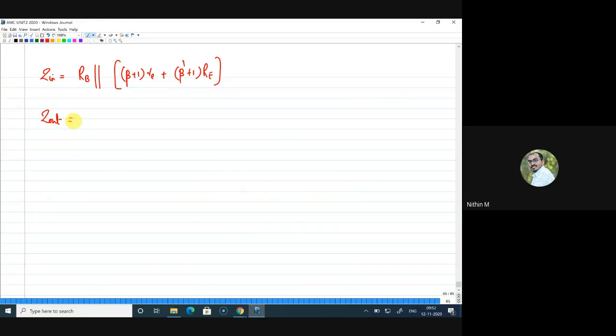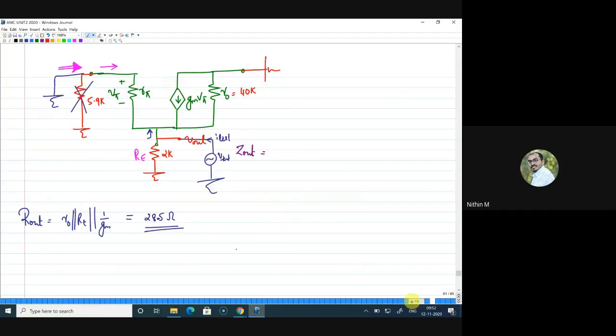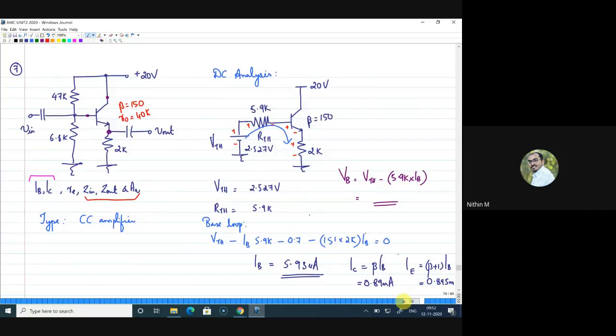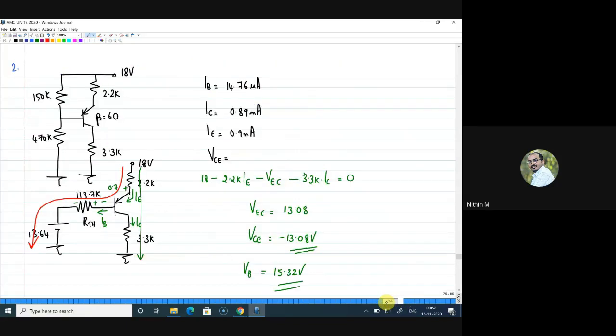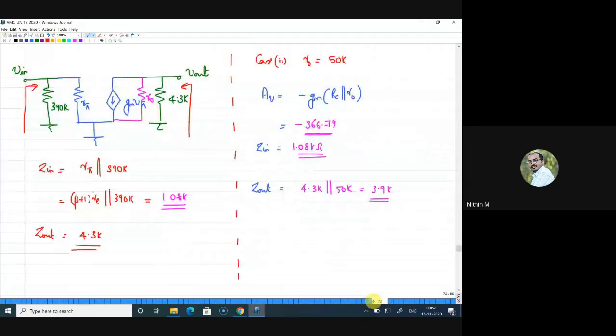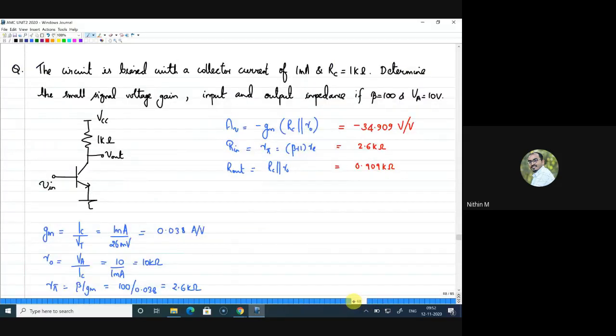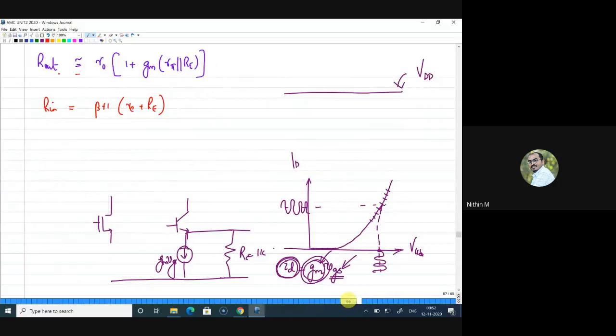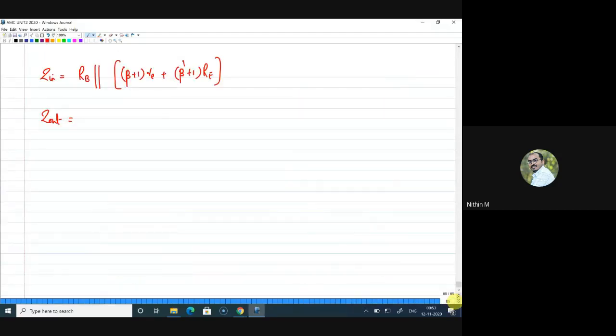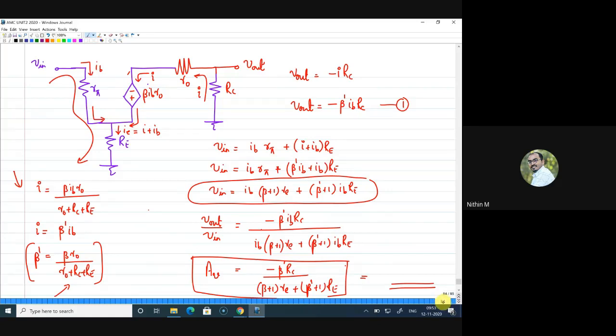Now the output impedance formula, we have written it before also in the last class, I think. Yeah, this is the expression, R pi parallel to Re. So let me write that output impedance formula here. Here you have R0 and RC, right? RC is there.